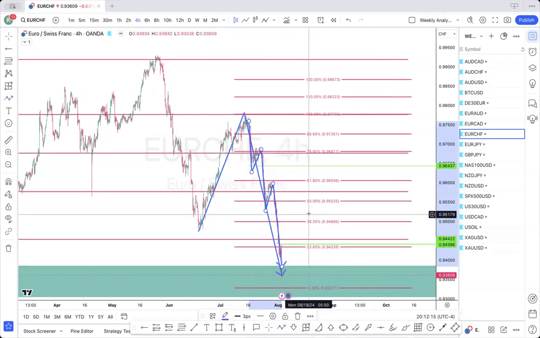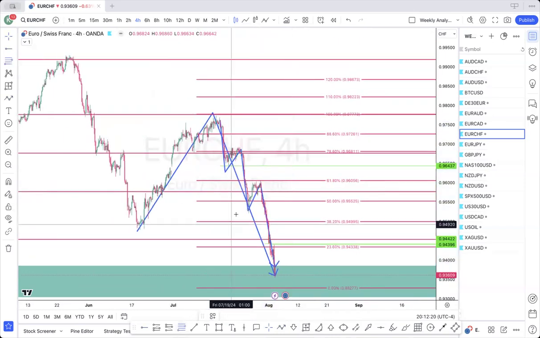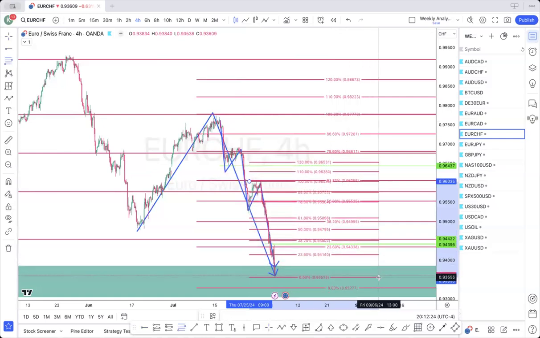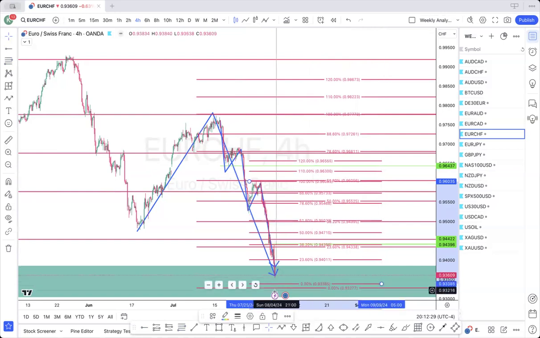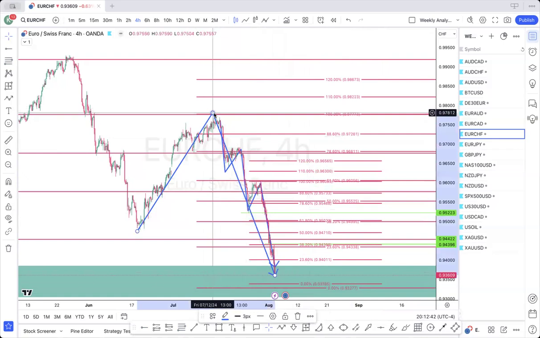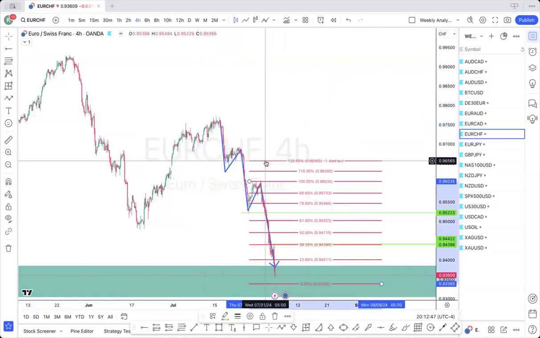So if you're an intraday trader, you can mark up this swing, and then however far this goes down, you don't know, you can buy it back up to the 618. There's price action here, because this is where price broke structure. And I'm going to delete this so I can show you exactly what I'm talking about.